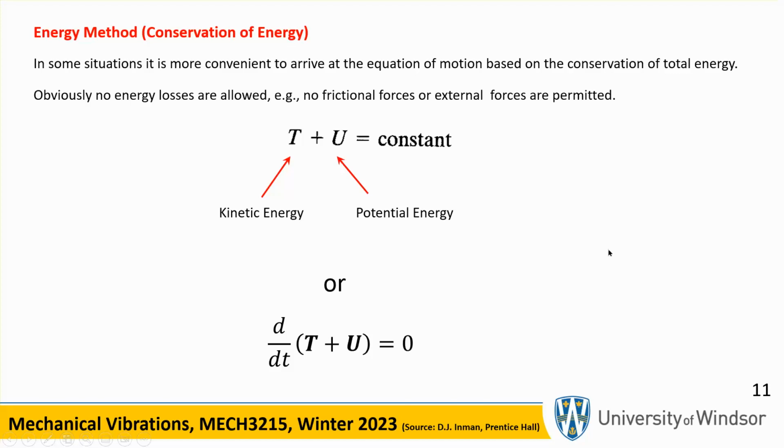If you look at an assembly where certain components are attached to each other, then to use Newton's second law, you have to isolate each one of these pieces, draw the free body diagram on it, and then write the equation of motion for each one of them, together with the interfacing forces that you get. If you go this route, you do not have to draw free body diagrams for complicated problems.